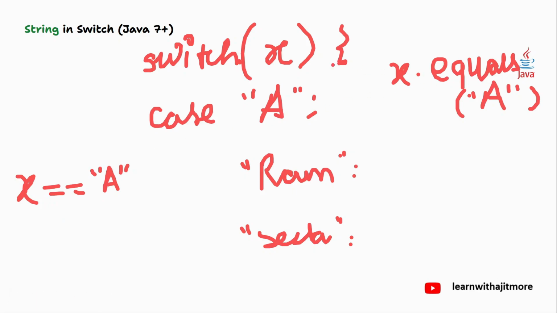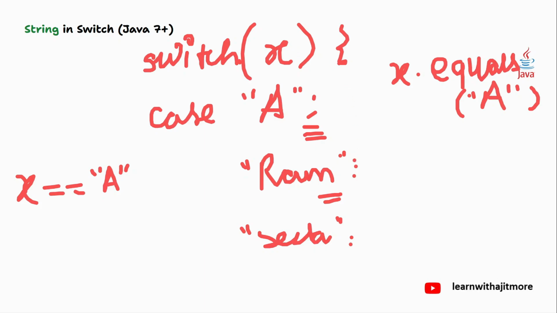And that is done by the equals method. So x dot equals double quote A: if it comes true, it will execute this case. If it comes false, then it will compare with Ram. So it will compare x dot equals double quote Ram. If that comes true, then it will execute this. In short, it is comparing this string with this string. X is also a string and double quote Ram is also a string.